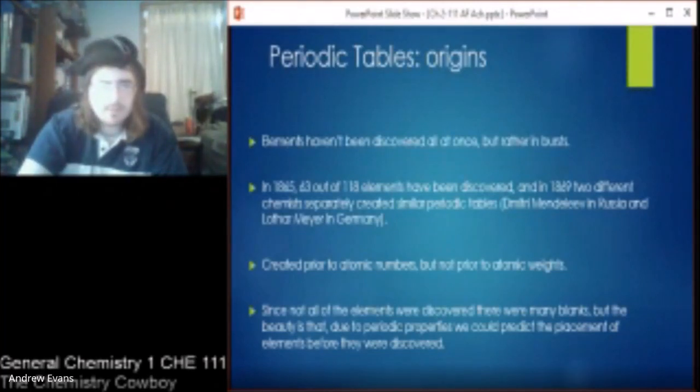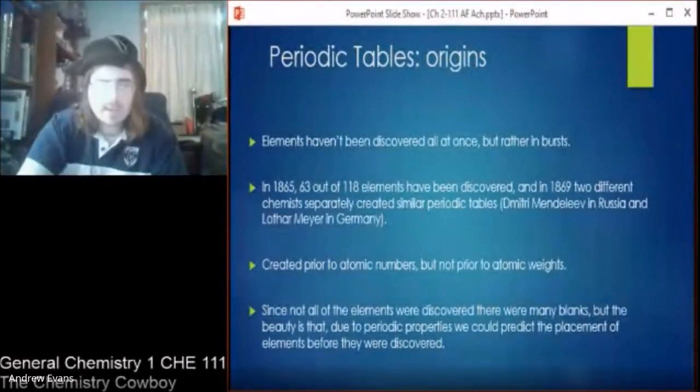So they were able to put this in because they could say, oh, this reacts similar to that. Copper needs to go above silver, above gold, because they all react similarly. There's a reason why we've used copper and silver and gold as precious metals for time immemorial, because of how they react. They're really good for coinage metals.